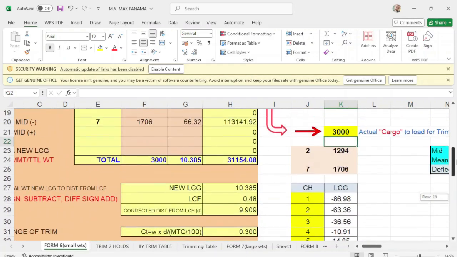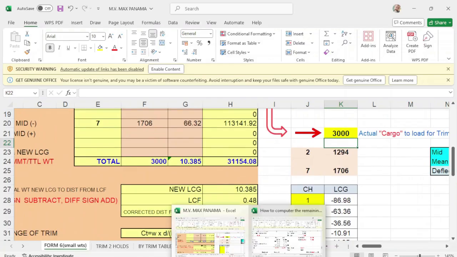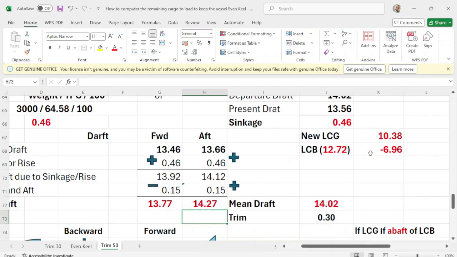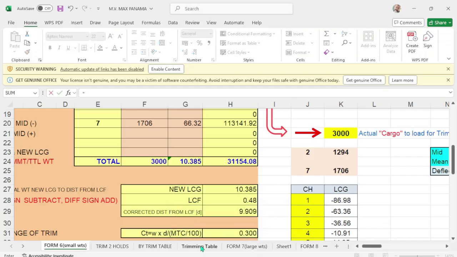New LCG is this one. Okay, so you put here new LCG. You go to this is a new LCG 10.38.